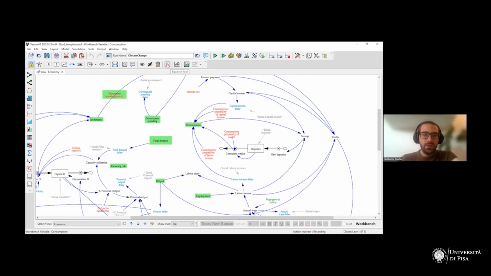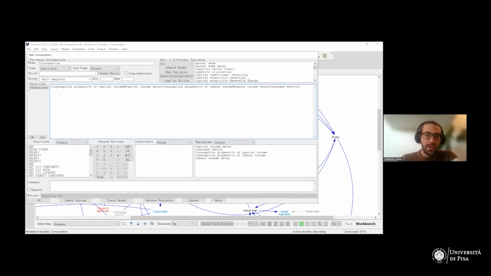Also using the equation tool, we are able to open the variables. For instance, I want to check consumption, and we can see the formula, how the variables determining the dynamics of consumption interact. If they're multiplied, added up, if there's any number here, this changes the behavior of this variable in the model.